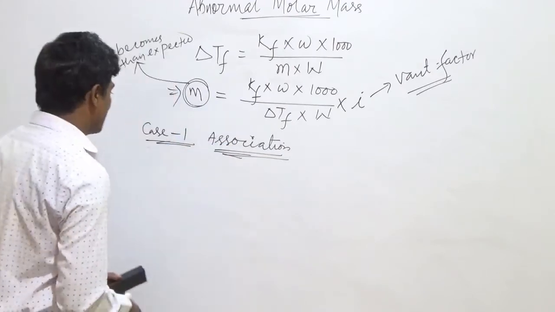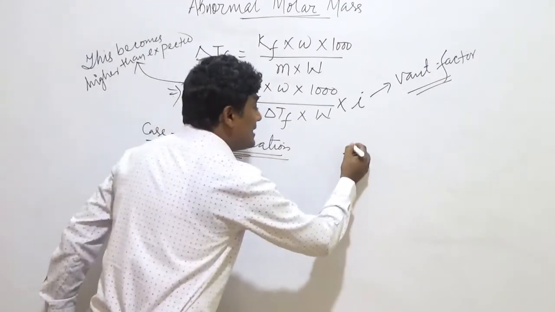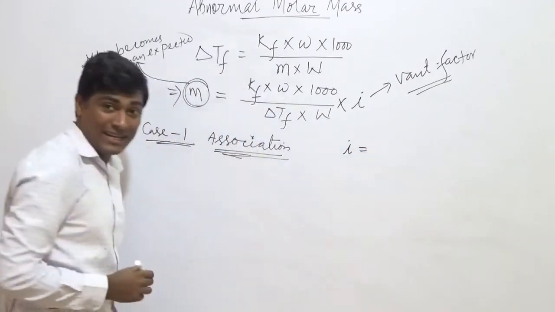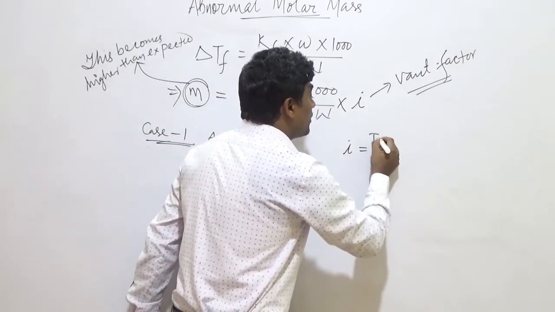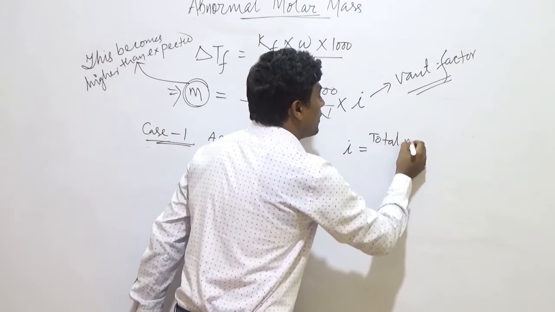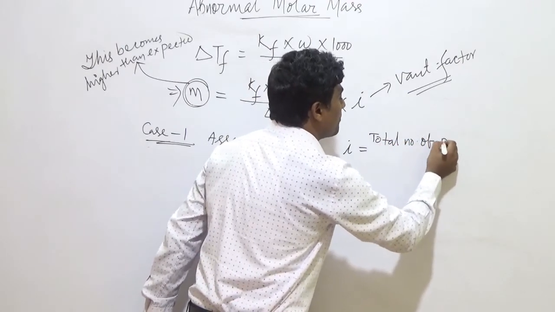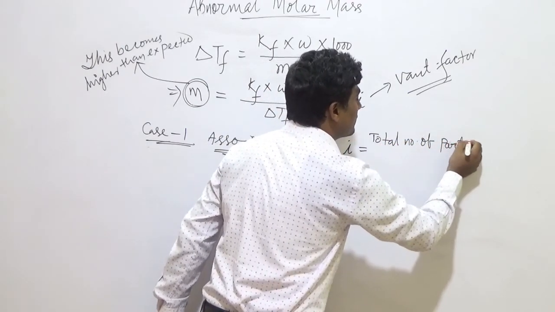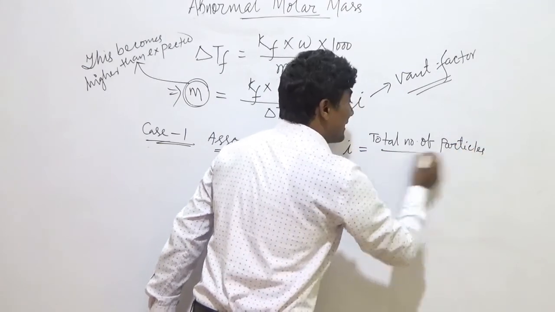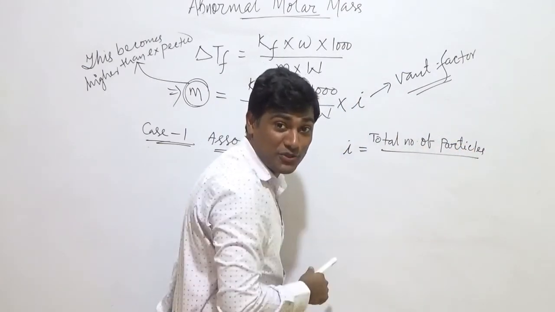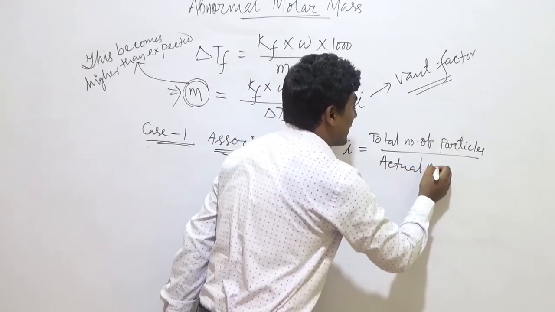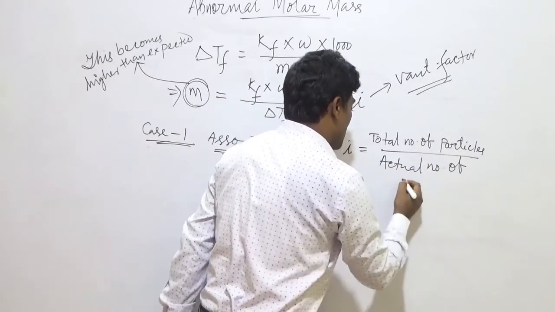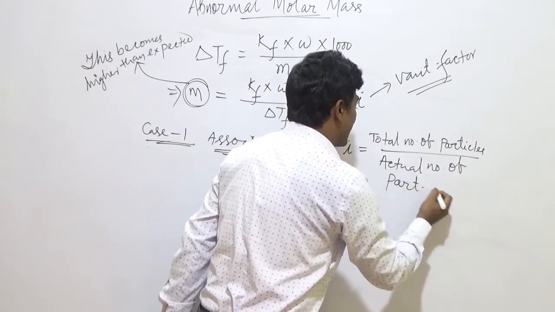So now, what is that i? Van 't Hoff said i is equal to the total number of particles after association or dissociation by the actual number of particles taken.